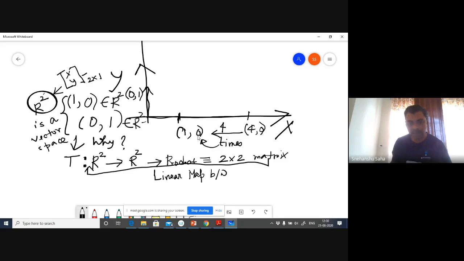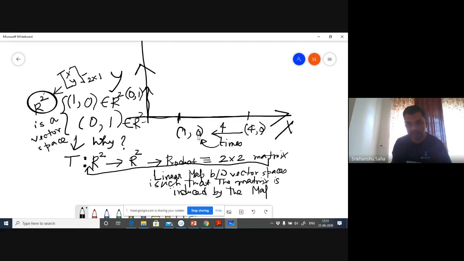between vector spaces, such that the matrix is induced by the map.